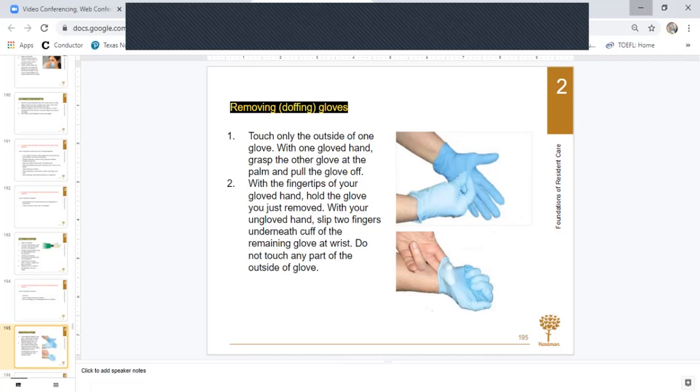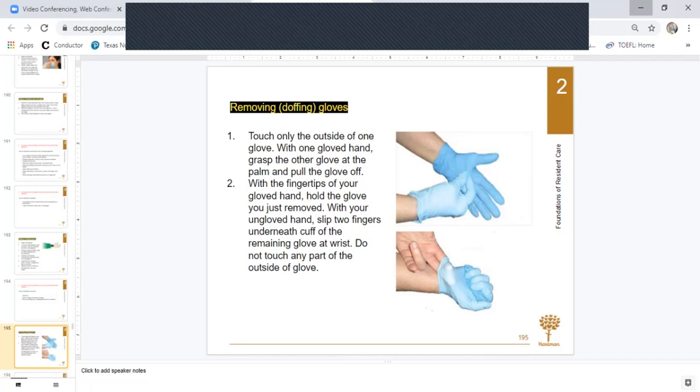So we have, again, three types of precautions that we're going to be taking. We call them isolation precautions or contact precautions. Number one is standard precautions: gloves and washing hands. Then you have contact precautions, which is your gloves and your gown.